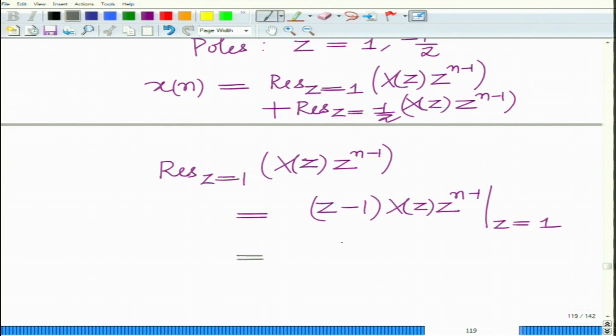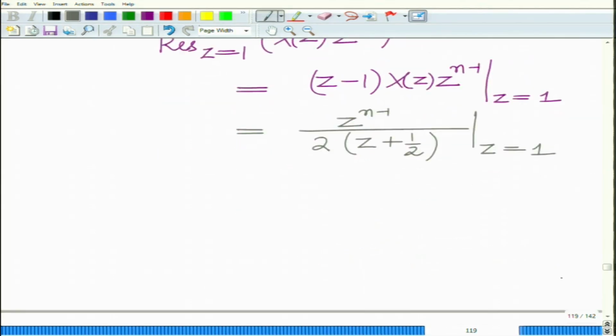This is equal to z raised to n minus 1 over (2z plus half) evaluated at z equal to 1, that is simply 1 divided by 2 into (1 plus half), that is 3 over 2, which is equal to basically 1 over 3. Okay.